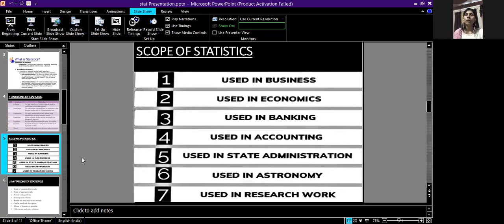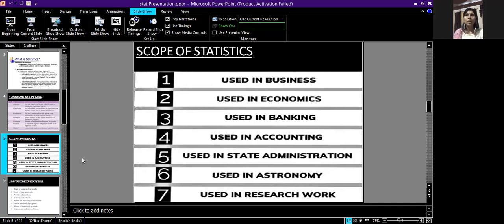If the country's government wants a report regarding the standard of living of people in particular states, for that purpose the government will go for research regarding the income and the standard of living of the people of those particular states which they have chosen for this research purpose.